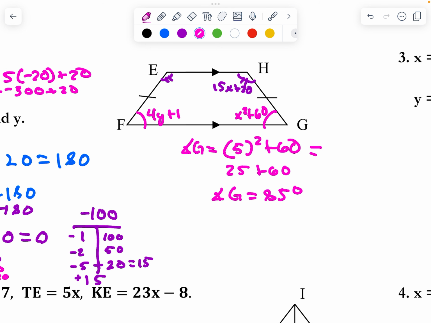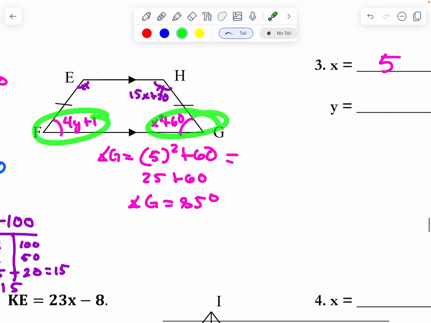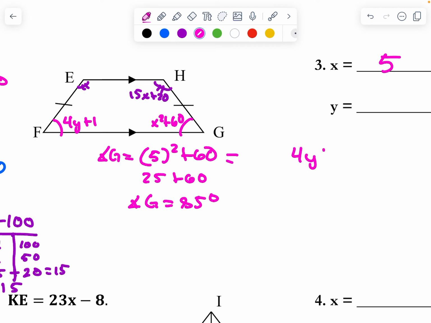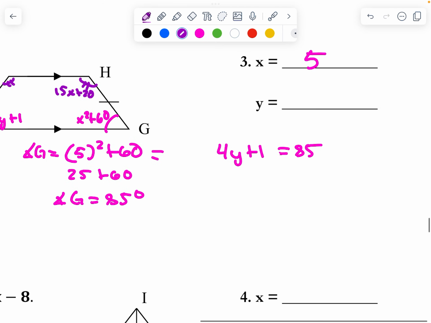Well, remember, angle G is congruent to angle F, and we are looking for y. So now that I know what F is, 4y plus 1 is equal to 85, I'm able to just go ahead and solve for y.